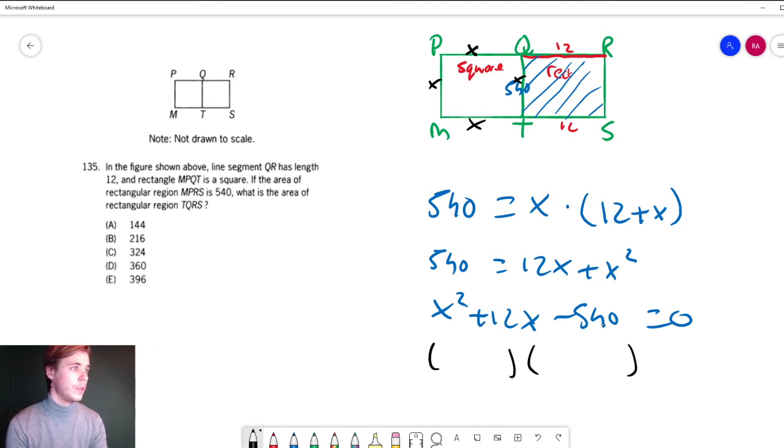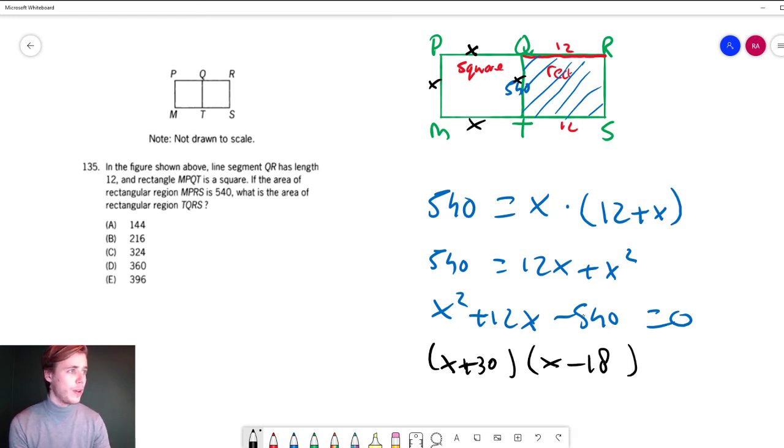So not many solutions, but we can come up with x plus 30 and x minus 18. 30 minus 18 is plus 12, and 30 times minus 18 is minus 540. So that's working.